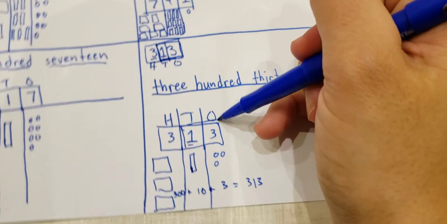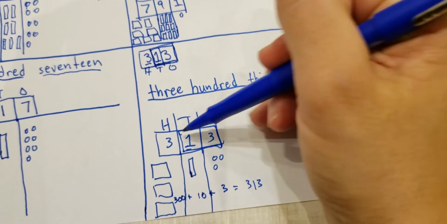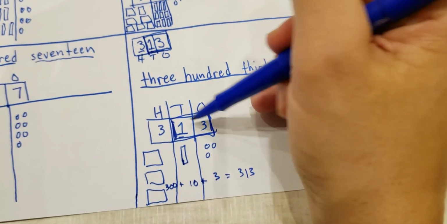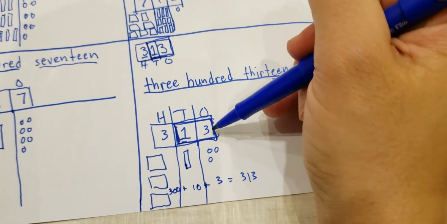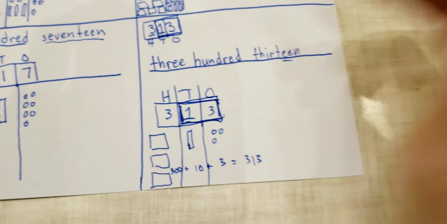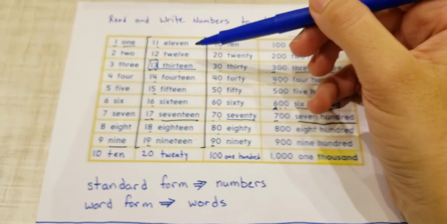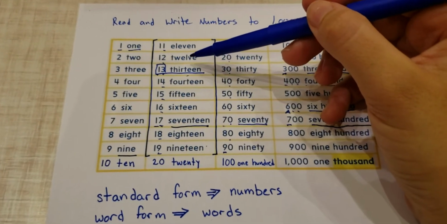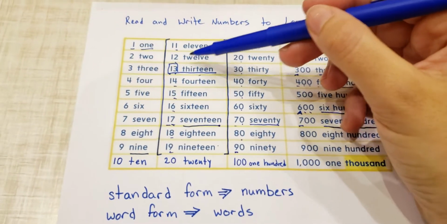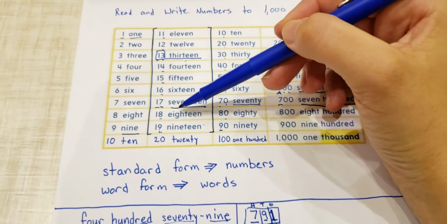Anytime that we have a 1 in the tens place value and a number that's not 0 in the ones place, okay, you need to write the teens, the same way we say it, like 11, 12, 13, 14, 15, 16, 17, 18, 19.